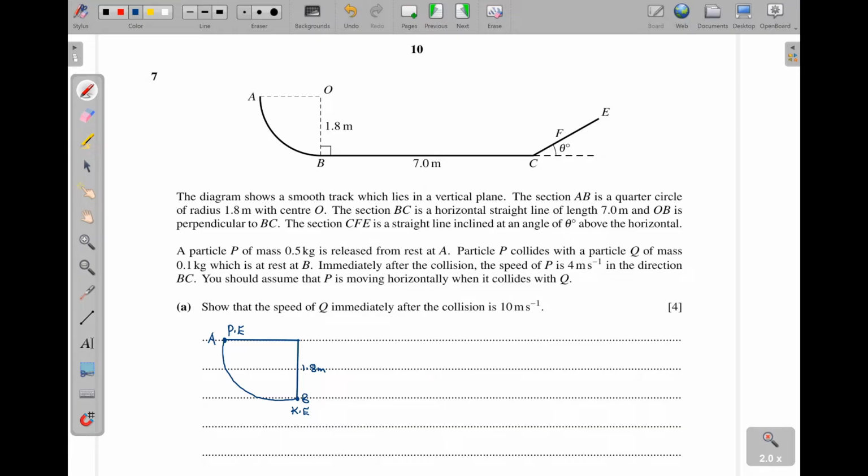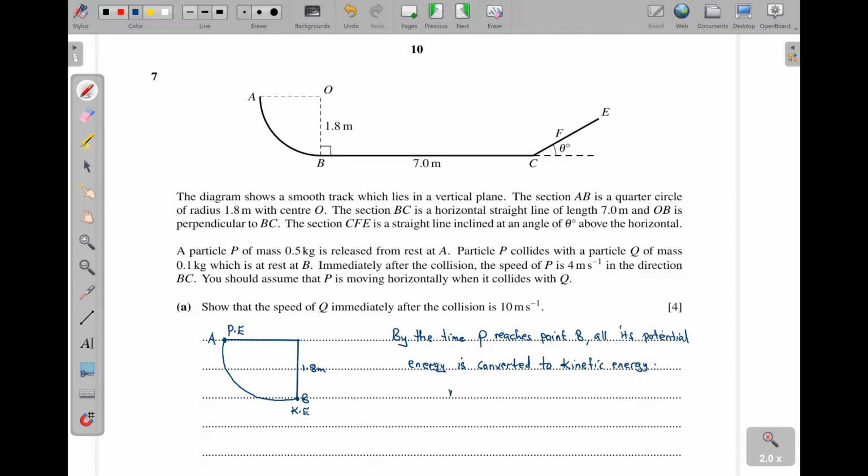So let me write this: by the time P reaches point B, all its gravitational potential energy is converted to kinetic energy.